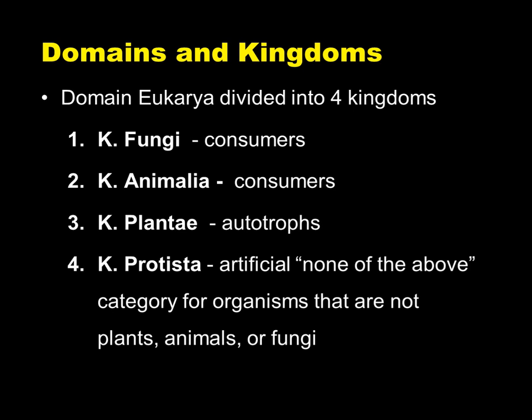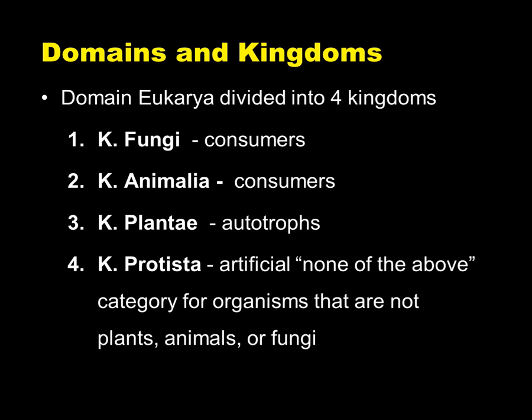You've probably heard of a fungus before. The fungi kingdom, categorically, remember we talked about the different types of feeding, energy sources, etc. The fungi are what's called consumers. Okay? So they can get their nutrients from the environment.